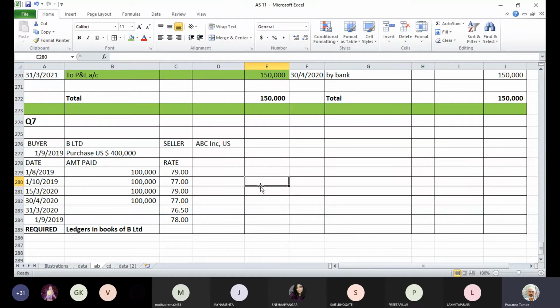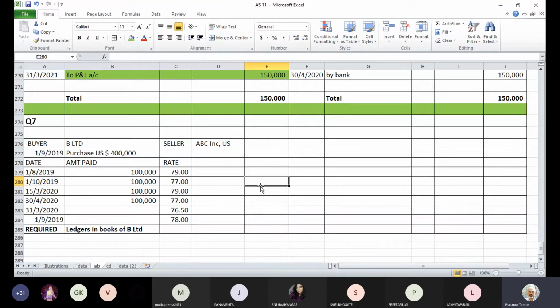And then there are 4 different payments of $1 lakh each at a varying rate of exchange, which is changing from time to time. On the date of booking, 1st September 19, date of purchase rather, it was 78. And then on different occasions, different rates are given, including the year-end rate and subsequent payment rate.